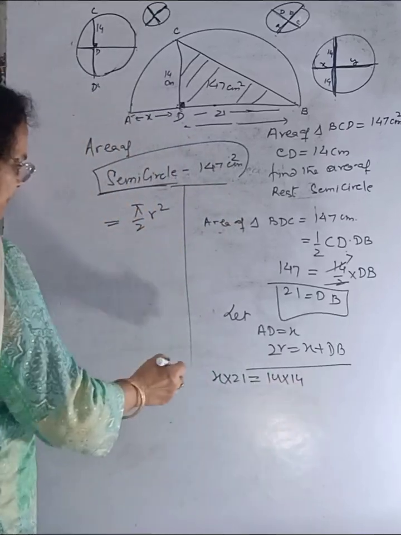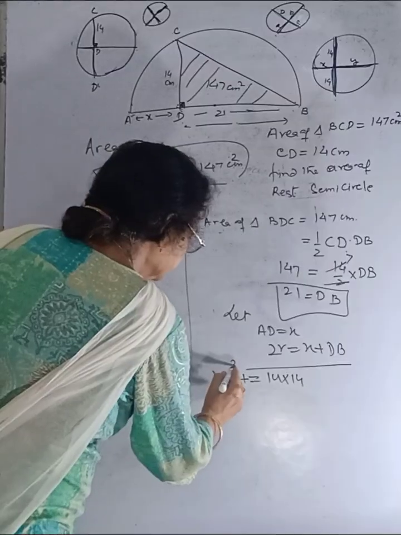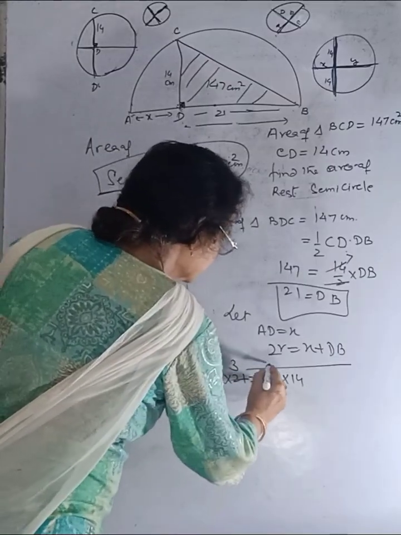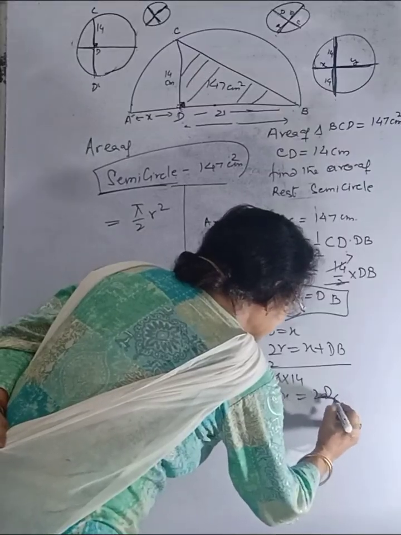Or we can say 7 times 3 is 21, so x will be equal to 28 by 3.